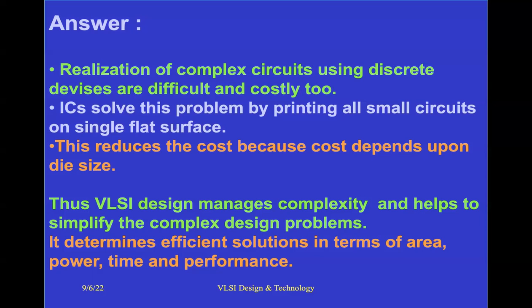So the number of transistors on the wafer doubles every 1.5 to 2 years. That was the basic trend observed by Gordon Moore, and it is one of the most referred statements.